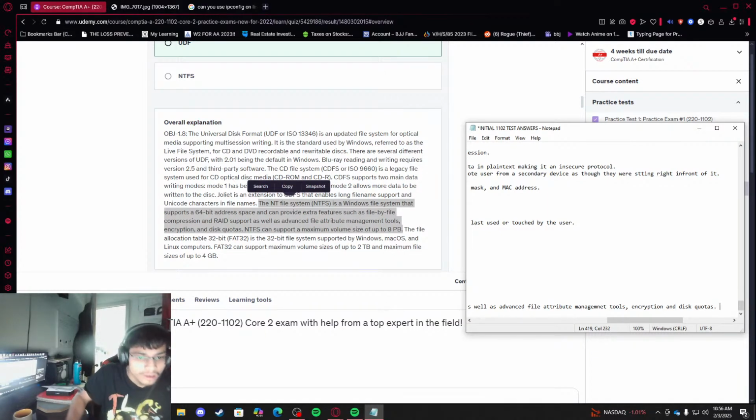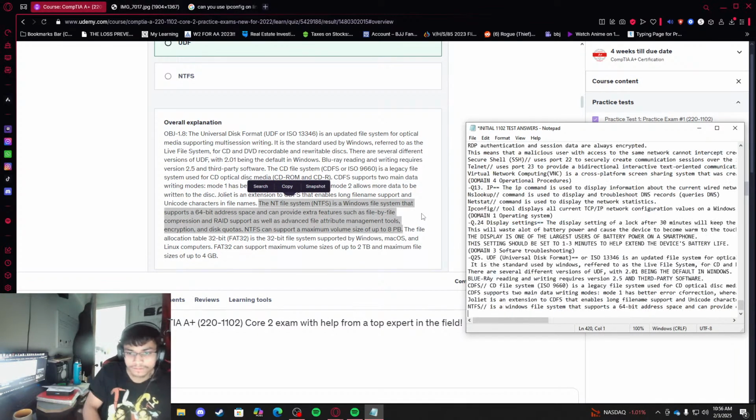Okay. Can support a maximum volume size of up to 8 petabytes.